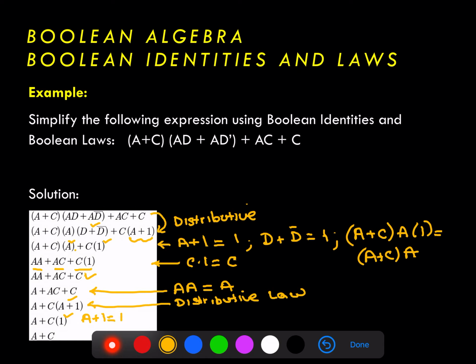And any variable ANDed with 1 gives us a value of that variable. So here we've shown that this fairly complex Boolean expression simplifies down to just A or C. And throughout this all, we've used deductive reasoning here, although we could revert to proof by perfect induction if we needed to.